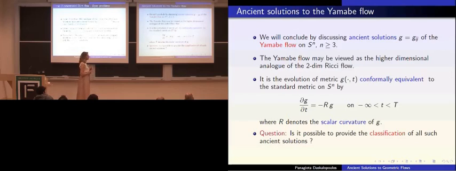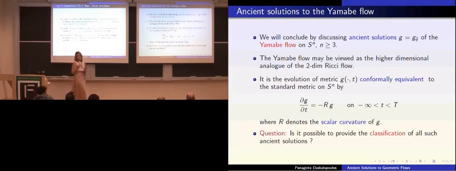Anyway, I would like to close with the Yamabe flow, just because it's a little different from the Ricci flow. In the 2D Ricci flow, as I said, the Ricci curvature is more or less the scalar curvature.